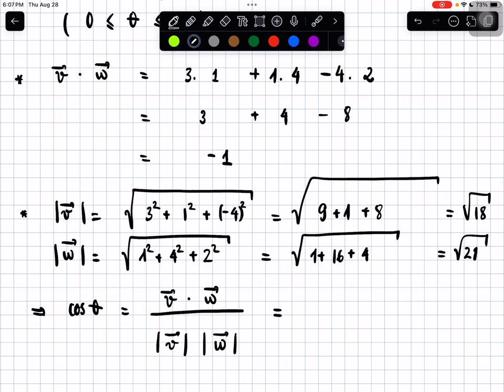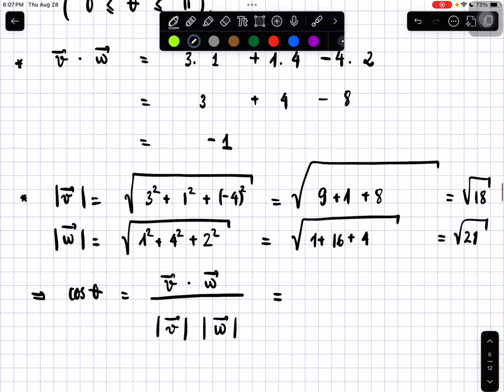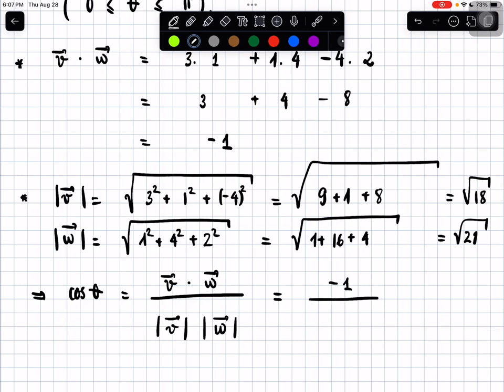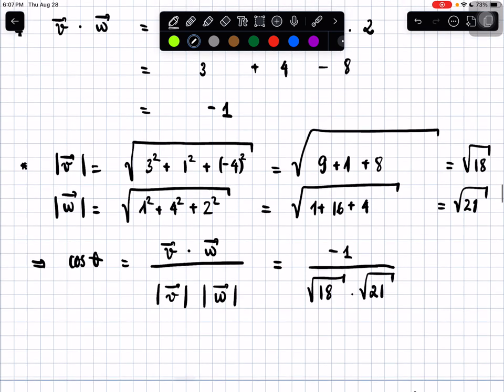So this is v dot w is minus 1. The length of v is square root 26. The length of w is square root 21. And then the angle theta is the arc cosine of these quantities.